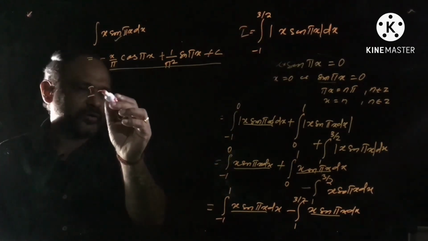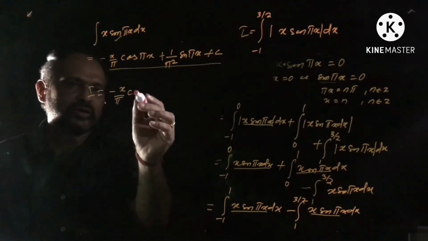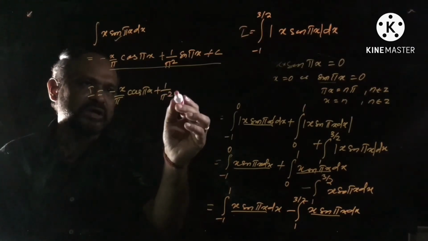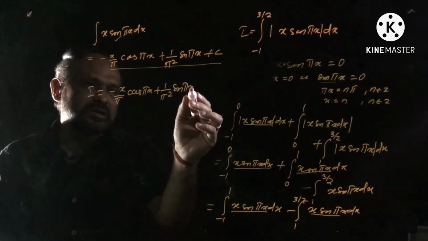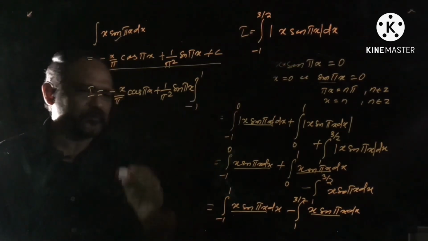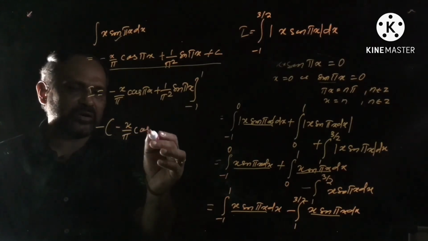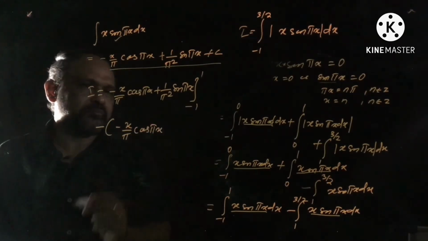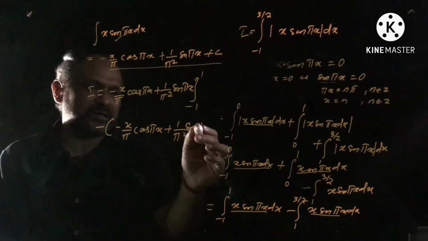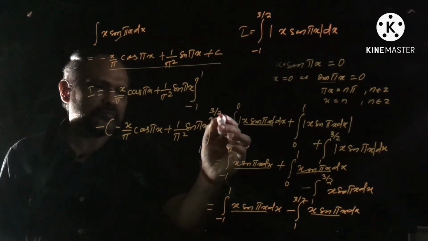So this is equal to minus x by pi cos pi x plus 1 by pi square sin pi x, limit is minus 1 to 1, minus, minus x by pi cos pi x plus 1 by pi square sin pi x, limit from 1 to 3 by 2.